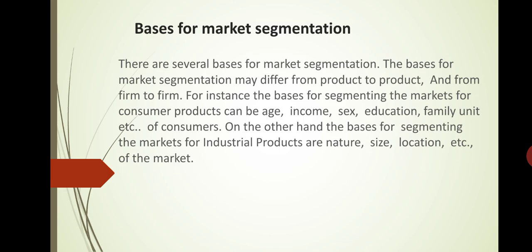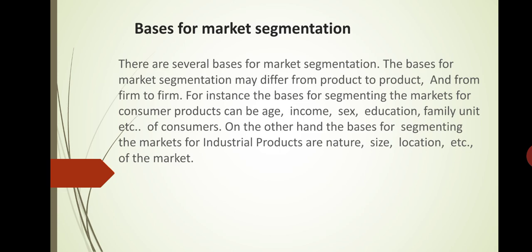For instance, the basis for segmenting the markets for consumer products can be age. According to the age of the different consumers, they divide the market, or make groups according to age, or according to income. Some consumers have more income, and some other customers have less income.